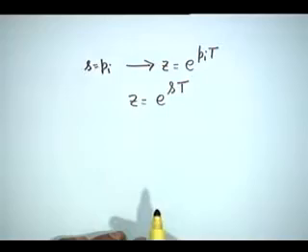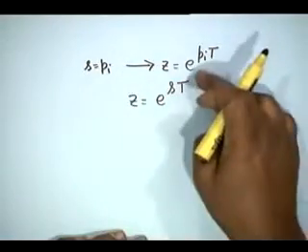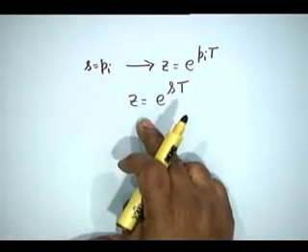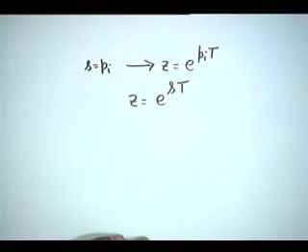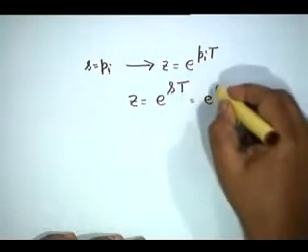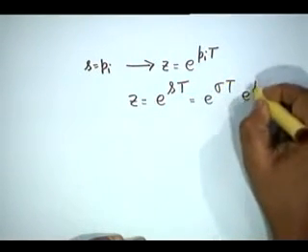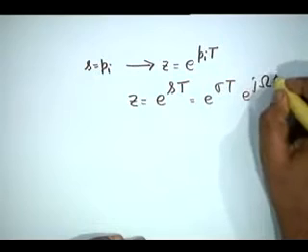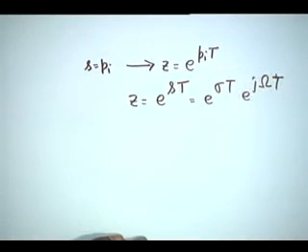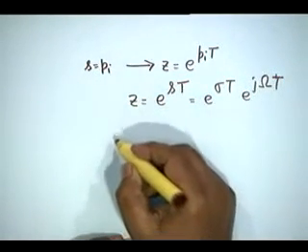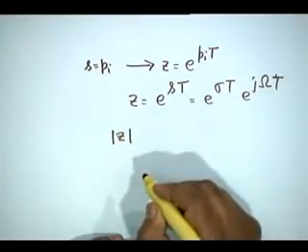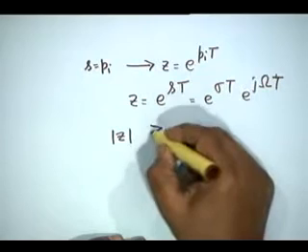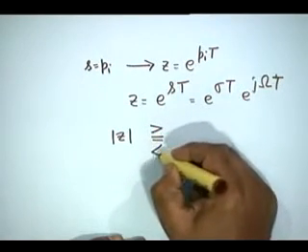When s equal to pi, I get z equal to e to the pi t. So, the transformation from the s plane to the z plane is z equal to e to the st, which I can write as e to the sigma t e to the j omega t, right? And therefore, is magnitude z greater than, equal to, or less than 1?